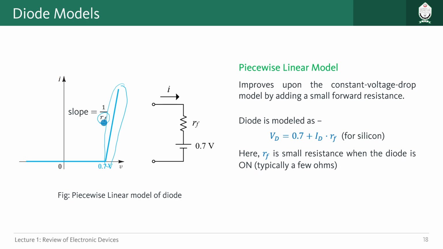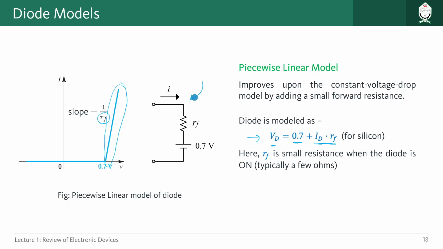So this is modeled by this equation: VD, the voltage across the diode, is 0.7 for a silicon diode, and after that it has ID multiplied by RF. So you see this portion here is represented by this one. Very easy to understand, and this is the equivalent circuit model of the piecewise linear model.